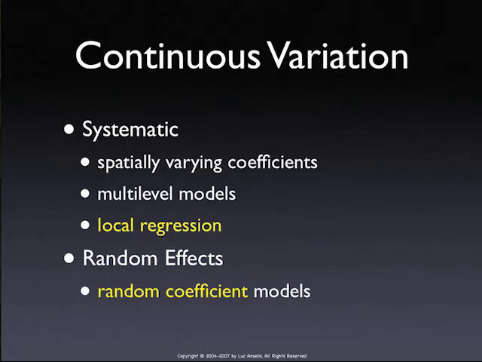So say you posit that the slope of the income variable is not a fixed parameter, but a varying, random parameter, which has a central tendency, a mean value, but variability around that mean value. And if you go even further, you can assume a specific distribution, like a Gaussian or normal distribution.